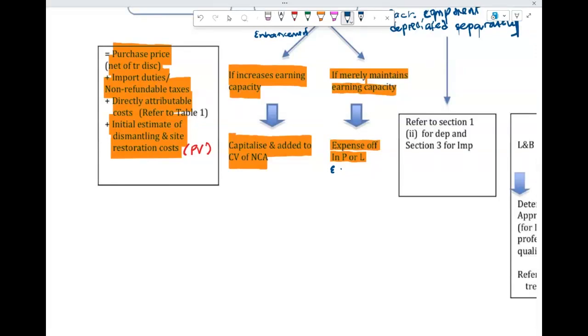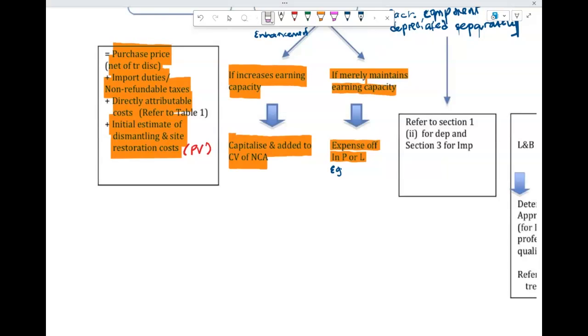Okay. So example, repair and maintenance. Do you all own a car? No. Or motorbike, do you all own a motorbike? Yes? Okay, so what was I trying to say? When you fix your motorbike, will you be able to drive faster? No, right? It's the same as before, isn't it?